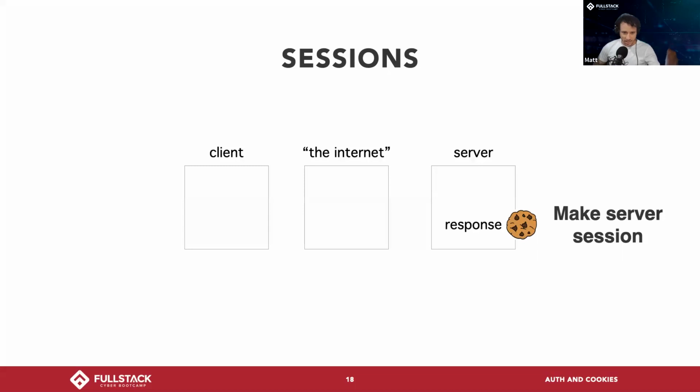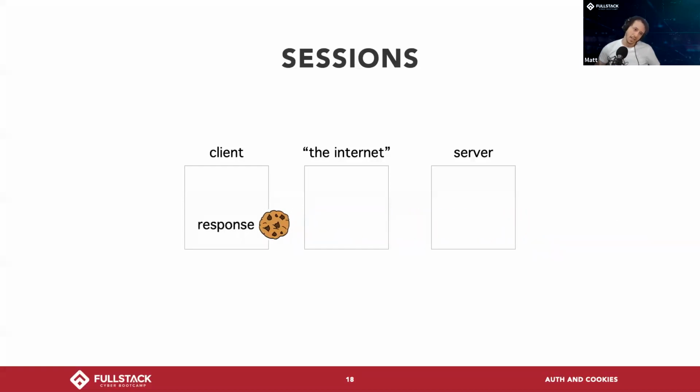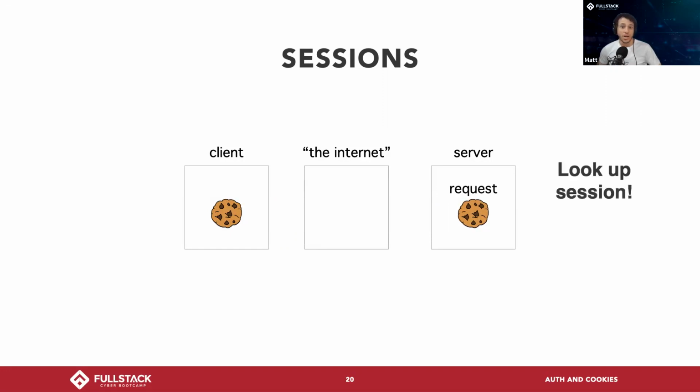So we make the server session. The server, again, makes its response, attaches the cookie to the response, and sends it back to the client. The client does whatever it needs to do with the content and makes another request. You're going to keep that cookie with you. The cookie is like your ID, a temporary ID.